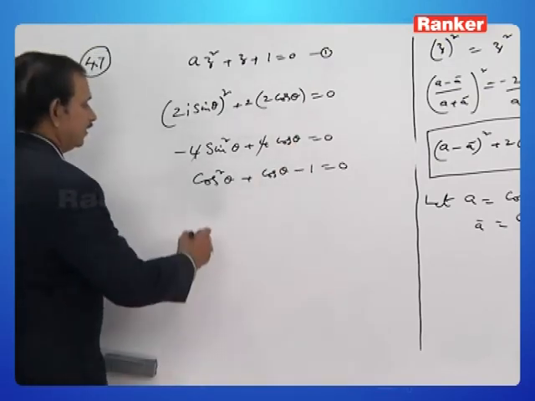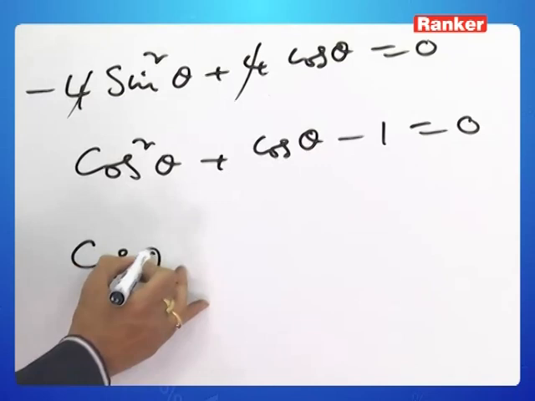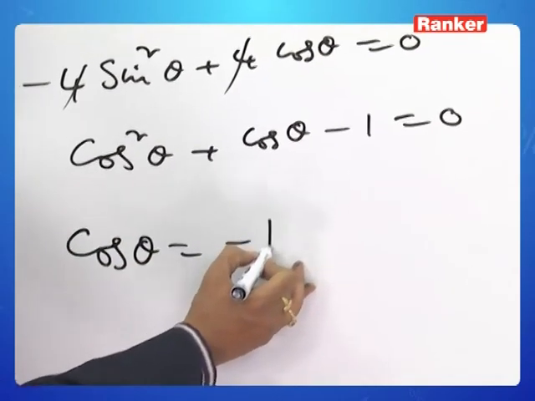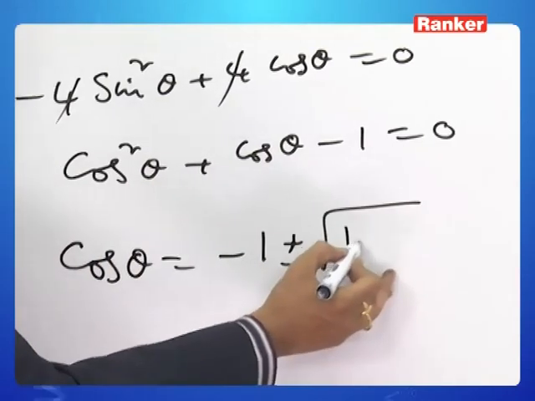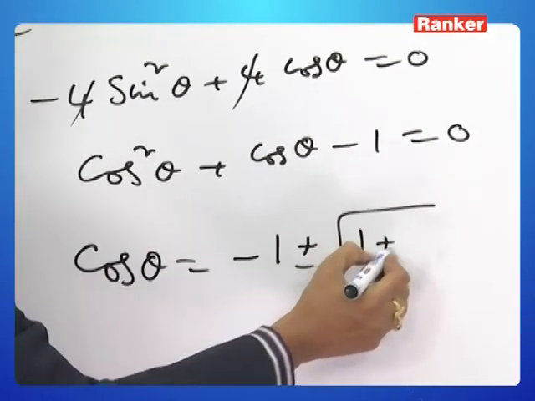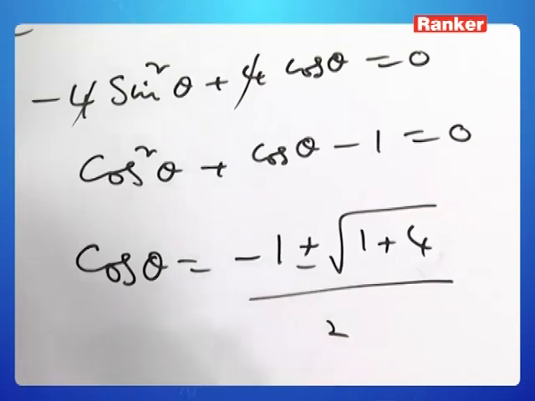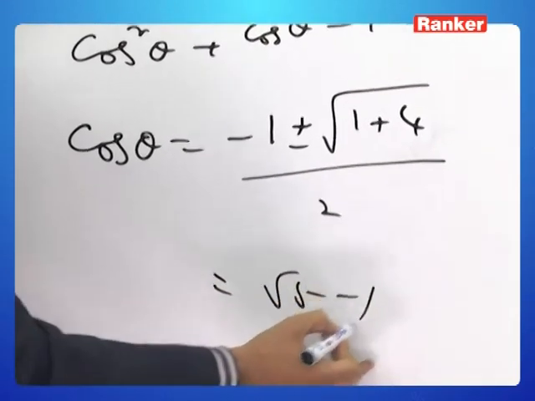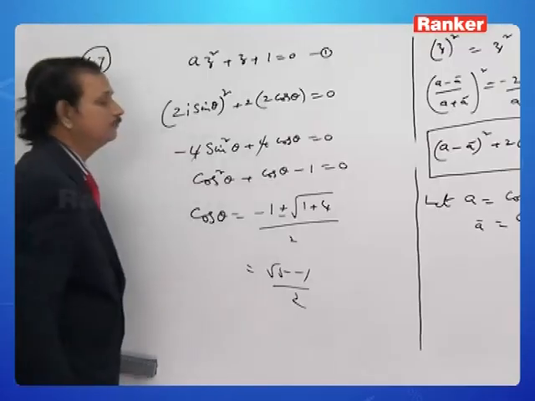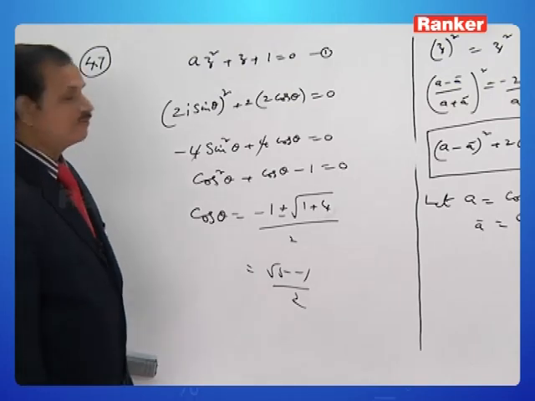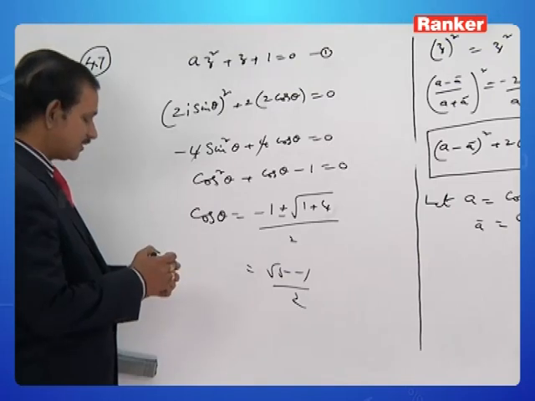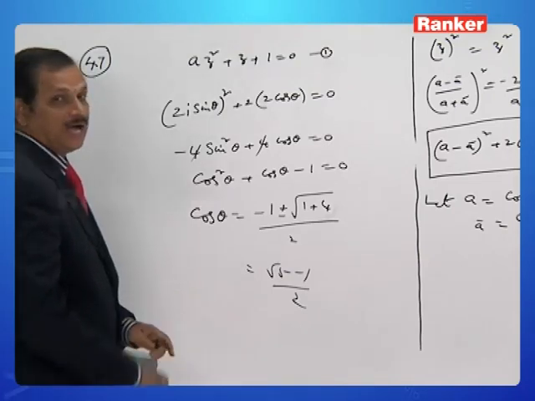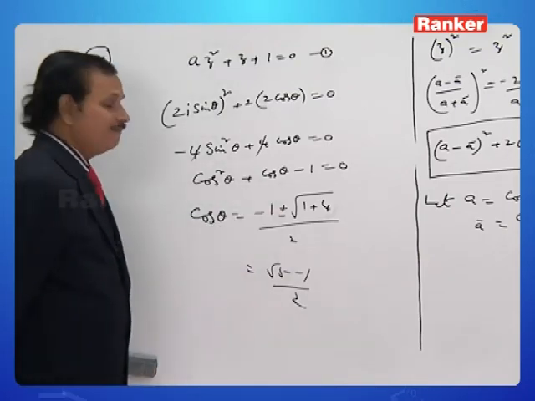So you will have cos theta is equal to minus b plus or minus root of b square minus 4ac by 2a, which is nothing but minus 1 plus or minus root 5 by 2. That is, cos theta is equal to plus or minus, isn't it? I have taken only plus. Why?